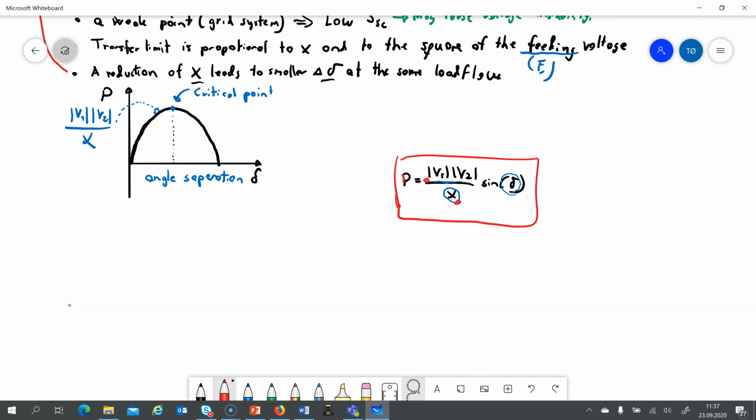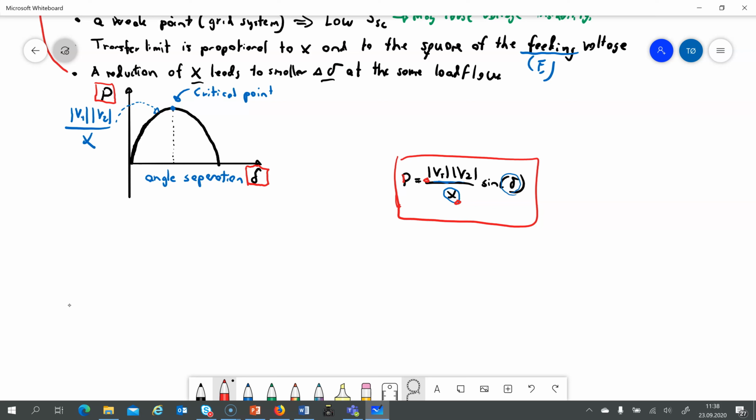Here is the power angle curve you can see up to the left here now. This represents the relationship between the active power and the angle separation here. So you see like 180 degrees as it can be. Then there are two important things I will mention.